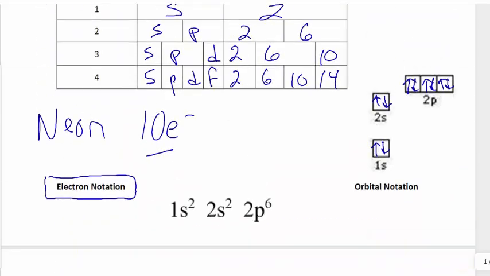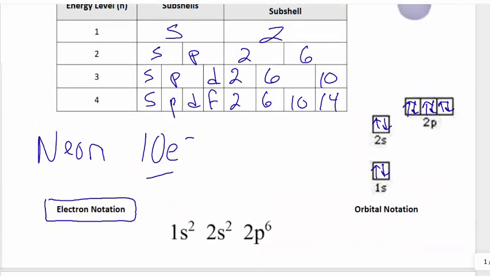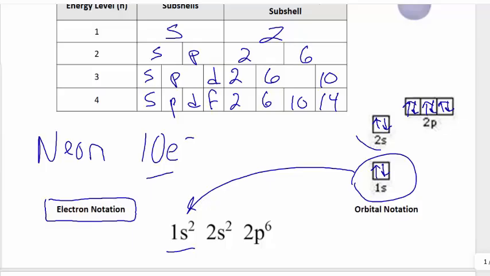We also write it a different way, where we don't show arrows and we write what's called the electron configuration. And so if we think about this right here, this is 1s and there's 2 electrons. So what we write is 1s2 instead of drawing the arrows. And then when we go to 2s, it's the same thing. There's 2 electrons there. So we write 2s2 to represent 2 electrons in the s subshell on that second energy level.